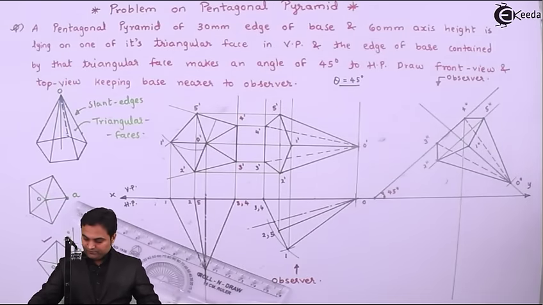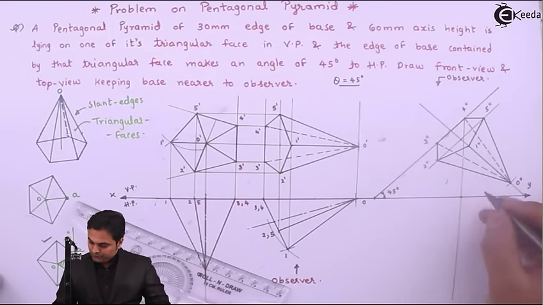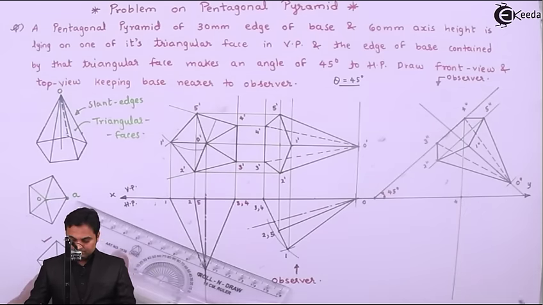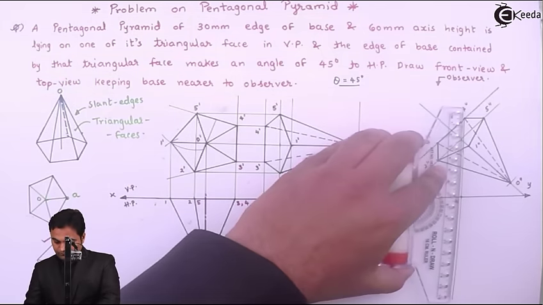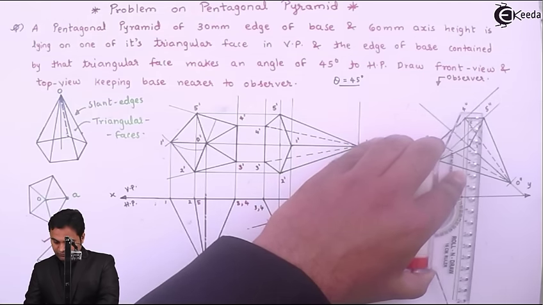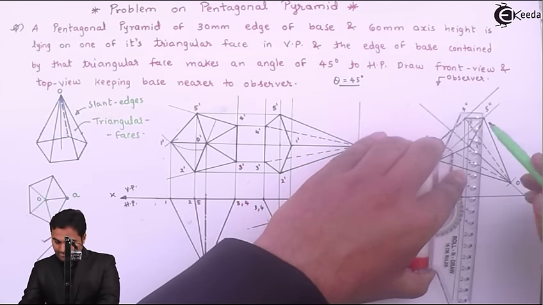So here we have point 4, point 5 is also almost at the same level.